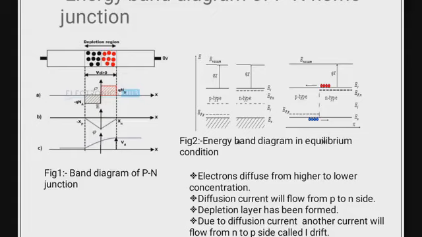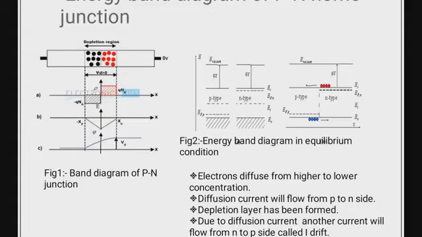Now what is basically happening in figure 1, diagram A. I have seen this diagram basically represents the charge carrier density.